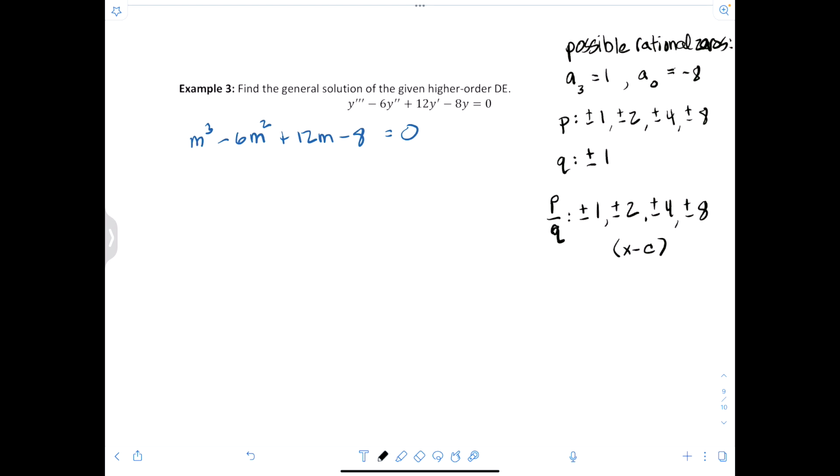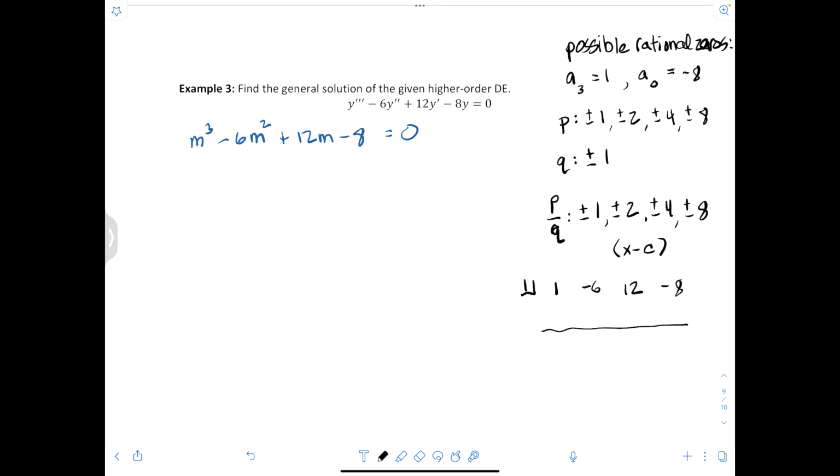Keeping that in mind, you just list the coefficients of the polynomial, which are 1, negative 6, 12, and negative 8. You draw a line under it. You put your c in a little box, and we'll just try c as 1.